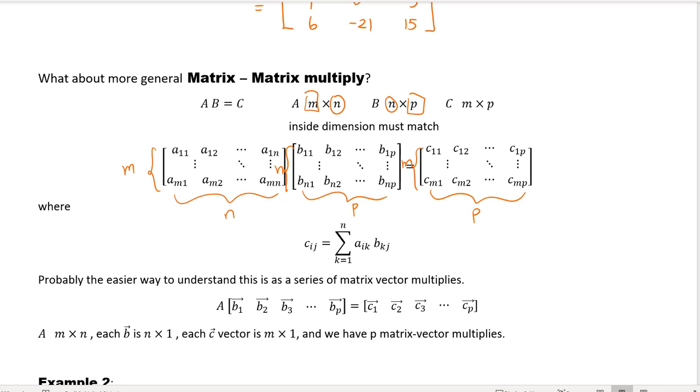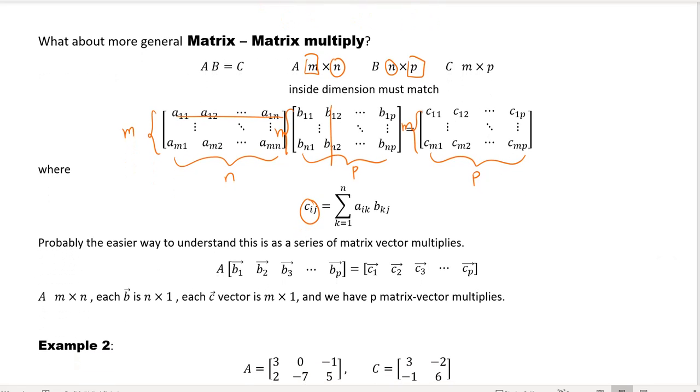So how do we multiply? We use the rows times the columns. For the Cij, we use the ith row of A times the jth column of B. So we multiply each entry respectively and then we add them up.